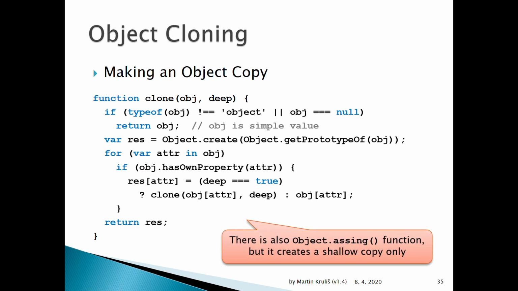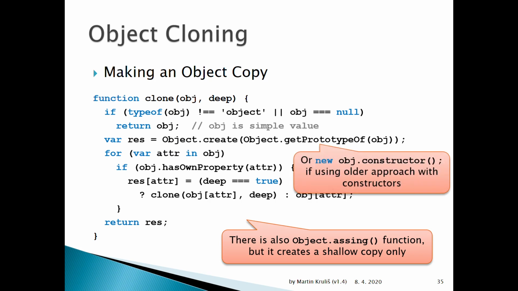If we are interested only in shallow copies, for instance, there are several other ways. For instance, we can use Object.assign, which basically assigns values of one object into another object. So we can create a new empty object and then use Object.assign to create the copy. Or we can use some libraries like Lodash, which has this function implemented, but this function is not naturally implemented in the JavaScript library.